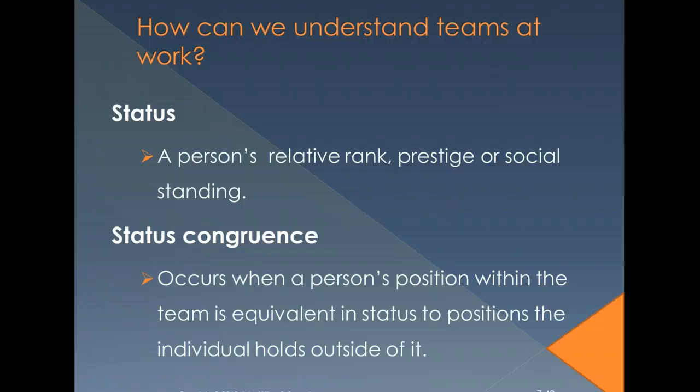In a lot of ways, the chair of most teams is expected to be the highest ranking member of the group to avoid these inconsistencies. When this is the case, the alignment, or congruence, of the status makes members more comfortable. Okay, so he's the vice president, he's leading and running the team. I feel more comfortable than if I was running the team and had to tell the vice president what to do.